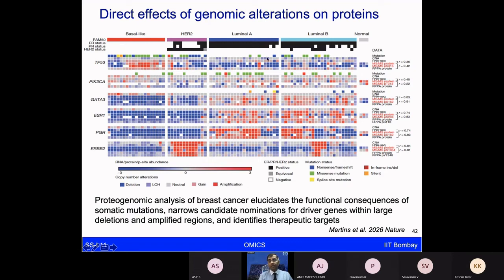Samples from different women suffering from breast cancer are taken, and every sample is analyzed for mutation, copy number analysis, RNA sequences, MS/MS level protein analysis, MS/MS level phosphoprotein analysis, and reverse phase protein array based analysis. So all of these different technologies are used on the same sample to generate different types of data.